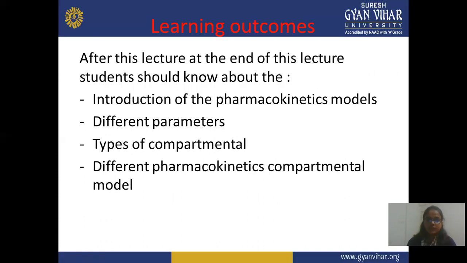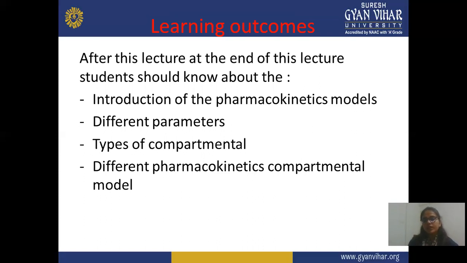After completing this pharmacokinetic model lecture, there are learning outcomes, or learning parameters, that you should know. We already covered all the pharmacokinetic parameters, including the introduction, and pharmacokinetic as well as dynamic parameters. So in the learning outcome, first is the introduction of pharmacokinetic models.